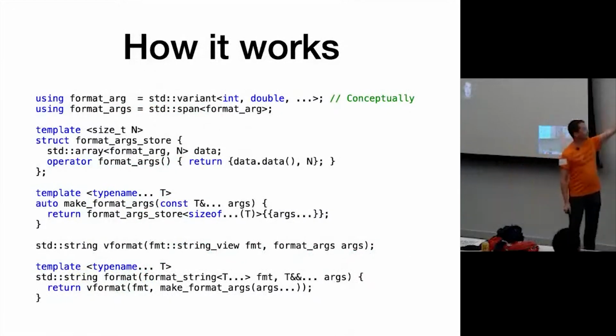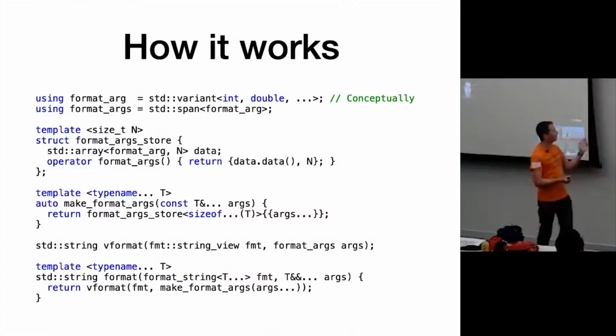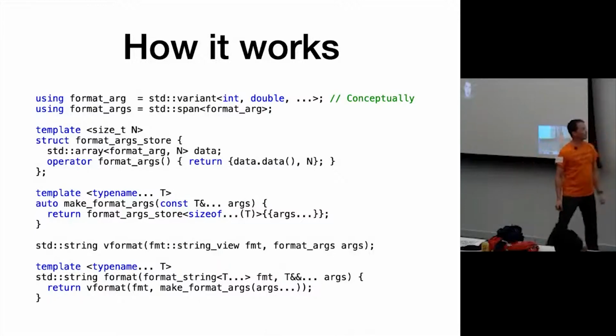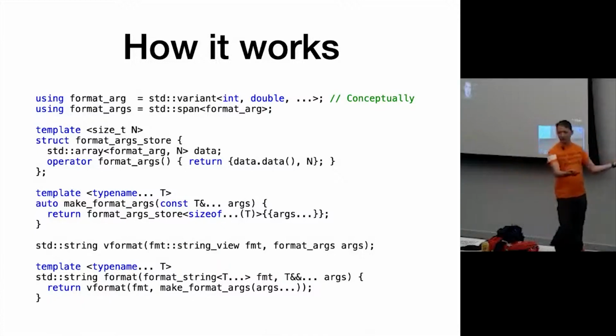So format_args is just a span of objects of type format_arg, and format_arg is essentially a variant of some built-in types and a handle for user-defined types. We also have something called format_arg_store, which is an array, because a span doesn't own anything. We need some owning thing.